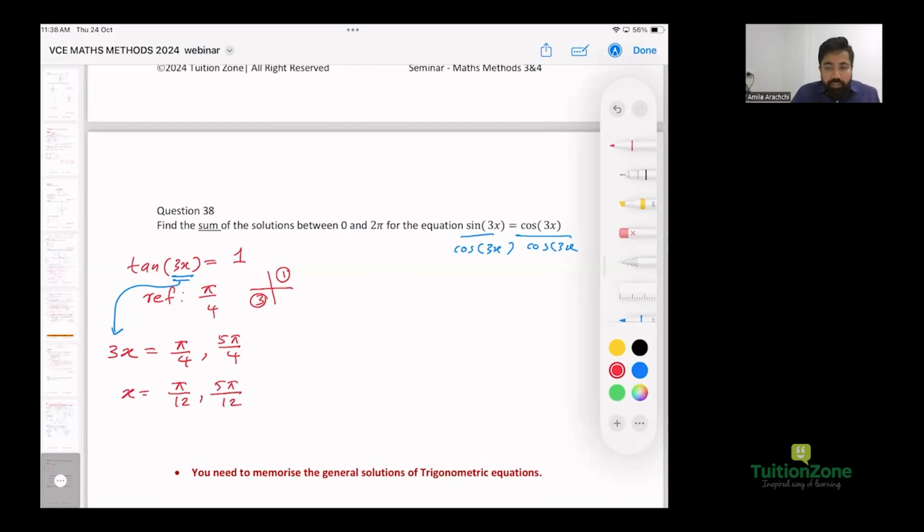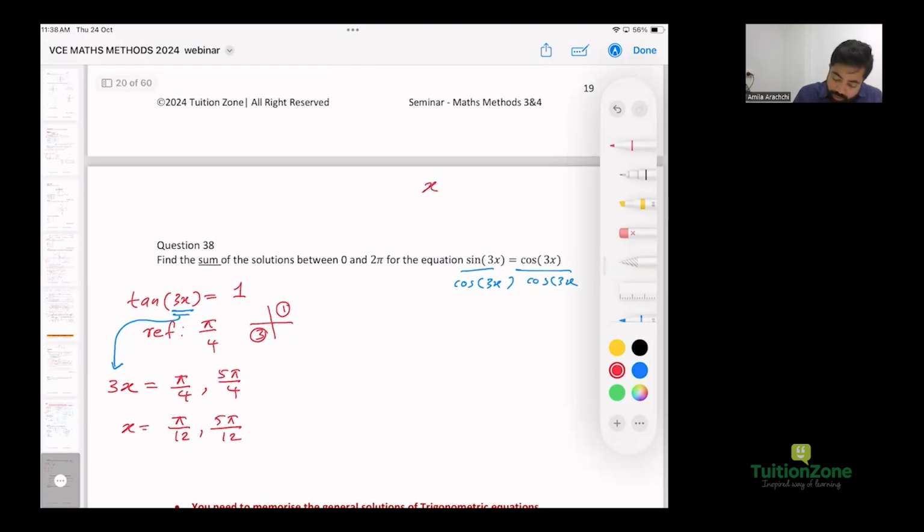And then what's the next step? We need to write down the domain. Can we keep the 0 to 2 pi domain? Doesn't the domain increase? You don't need to increase the domain because we just found the answers for x. We found 3x and found the x already.